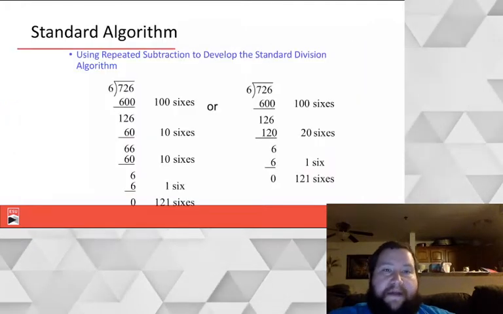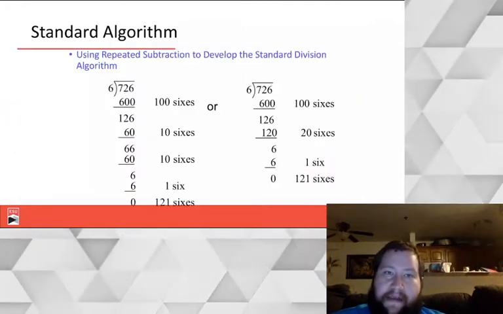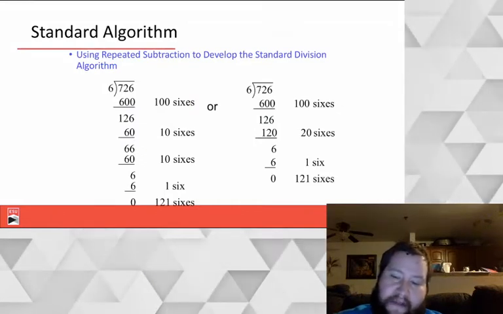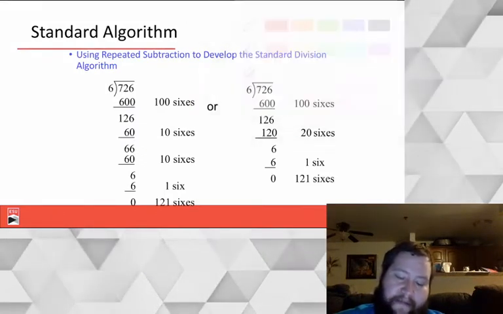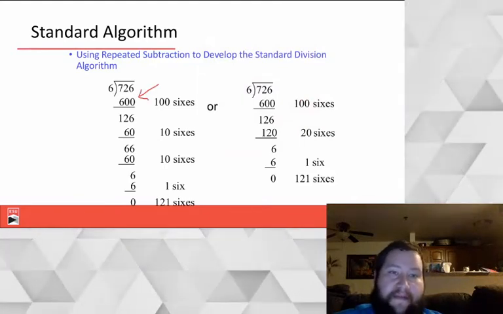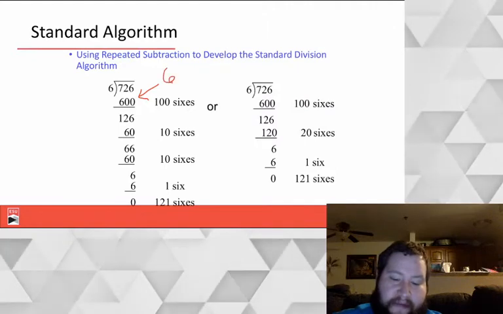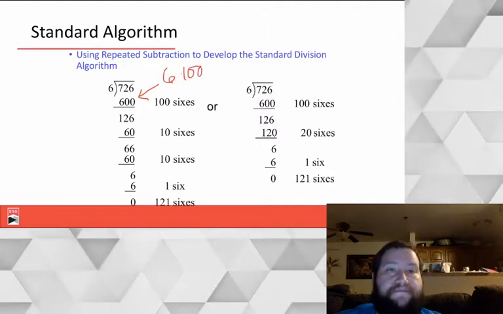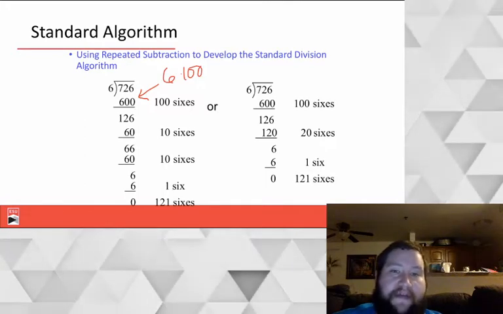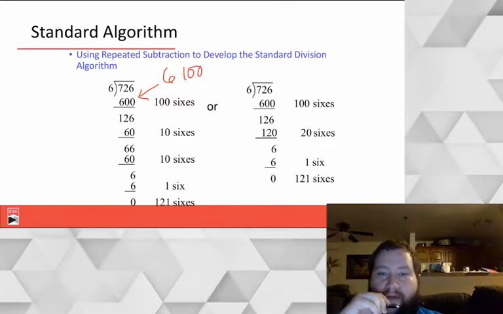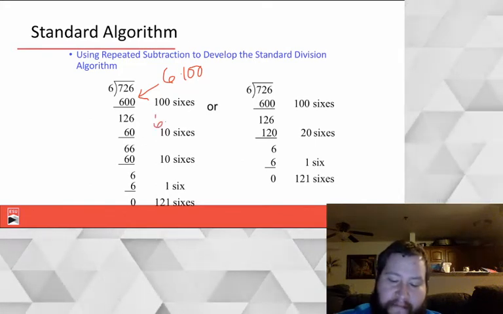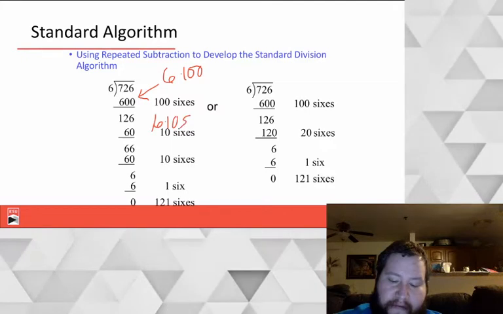And we can see that parallel process here in the repeated subtraction strategy. So what we end up having here is those 100 6s, or as I was saying, 6 100s. And then we had 126 left, and we could grab 2 of those groups of 60. So we have 6 tens, and here we have 6 tens.